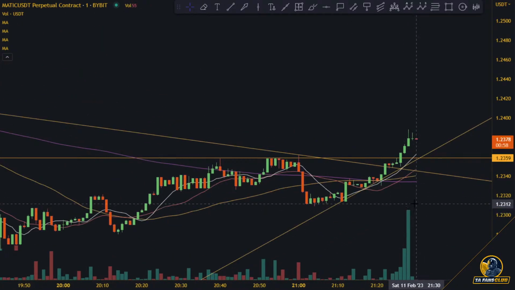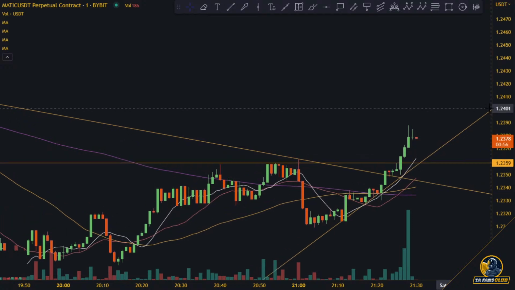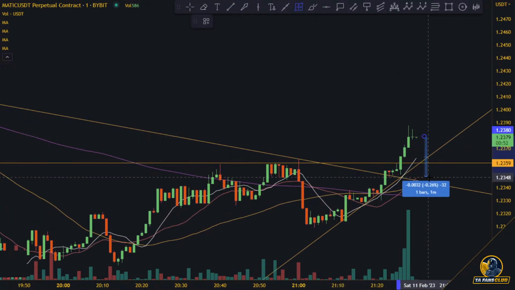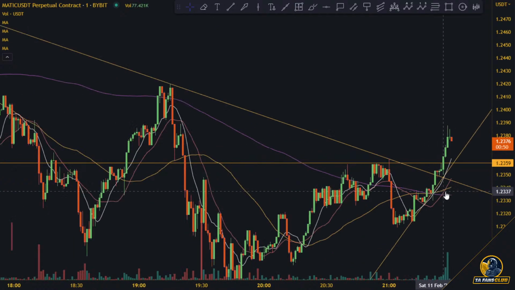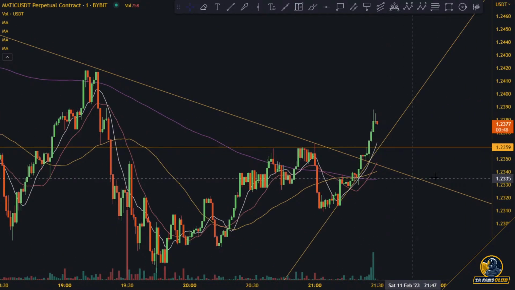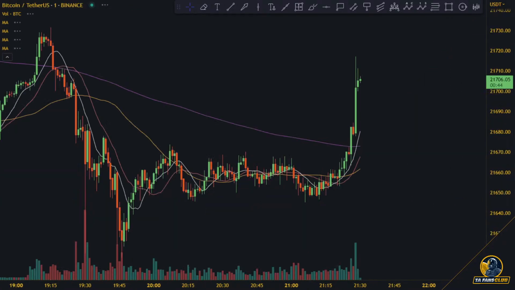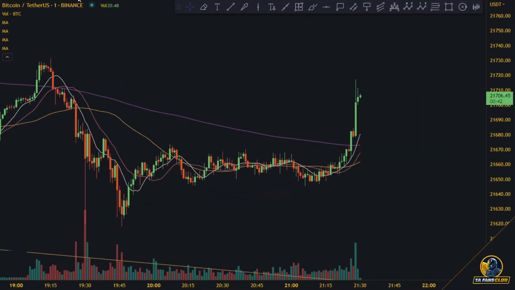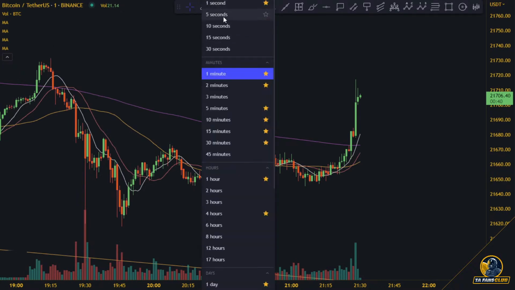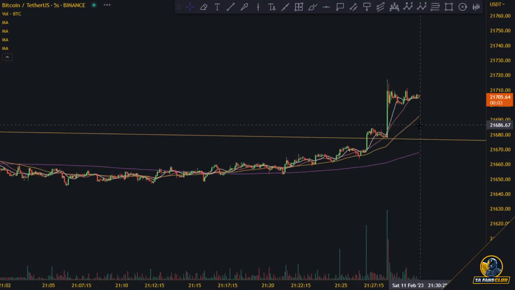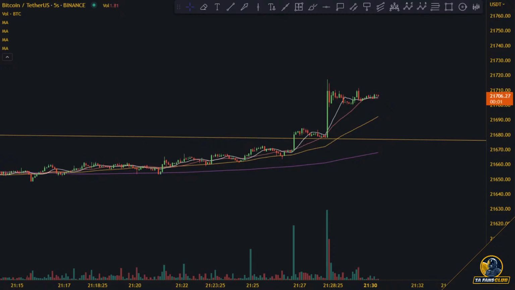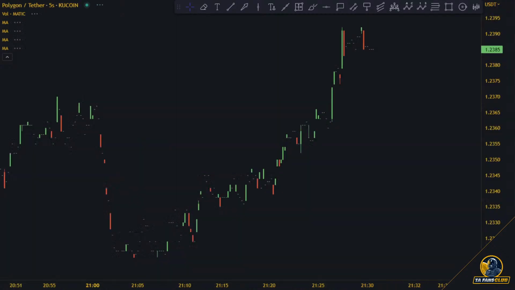It was quite nice volume as well. Is Bitcoin pulling back? No, Bitcoin is consolidating. Bitcoin looks good.